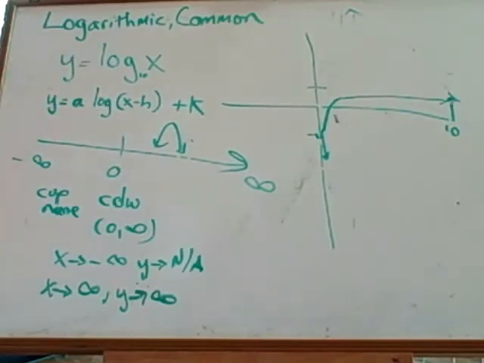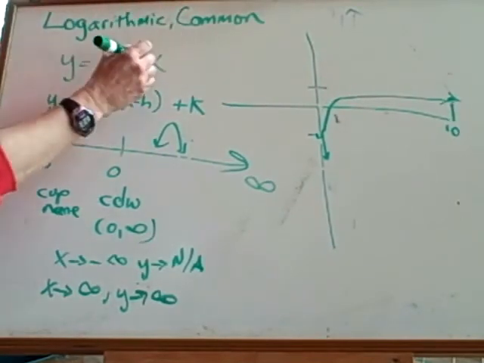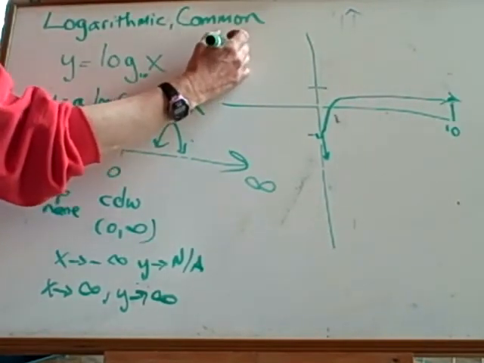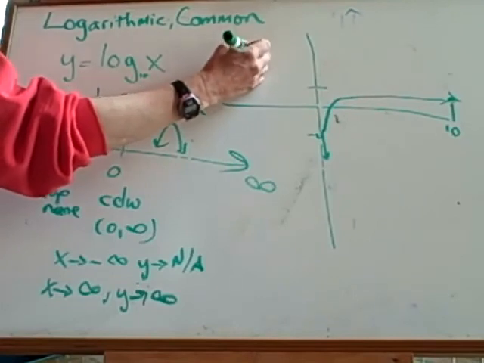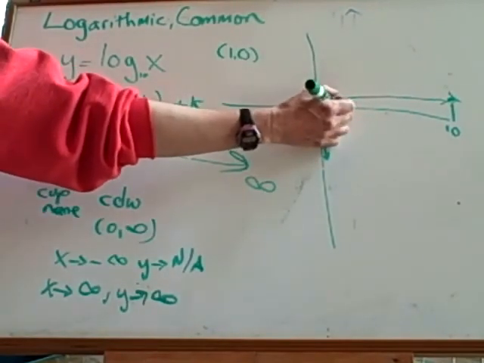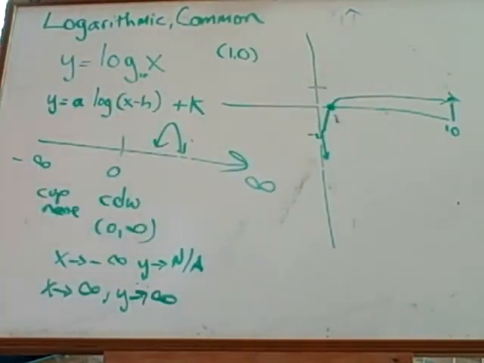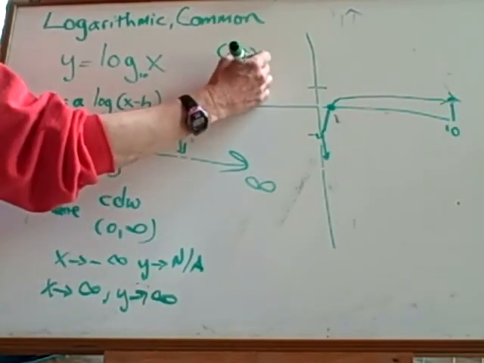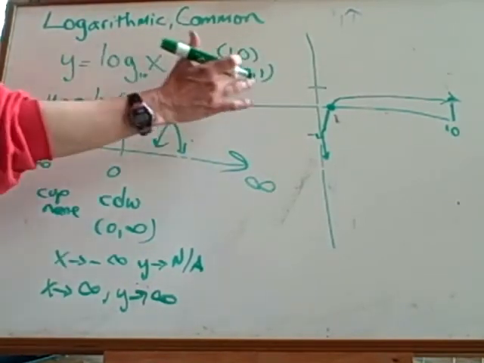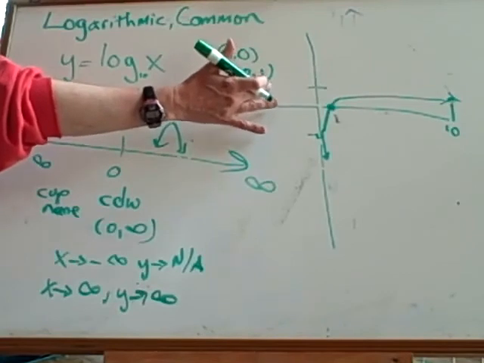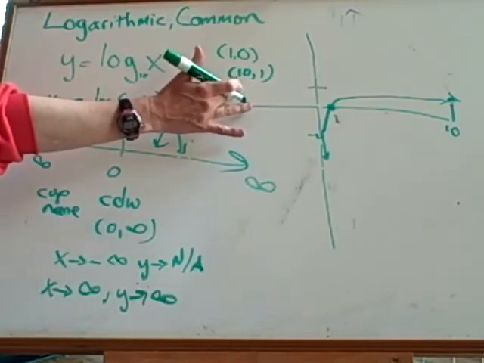A is a multiplier, whether it goes fast or slow or opens up or down. Locator points. For your regular common log, you basically have two locator points. One is the 1, 0, which is your x-intercept. The other locator point is at 10, 1. The one that has the 1 for y is good because it always lets you know what your base is.